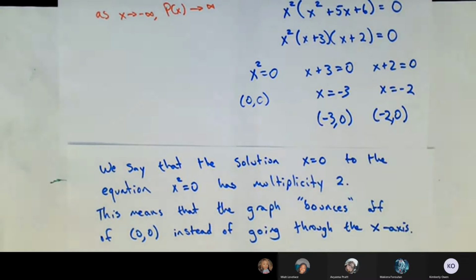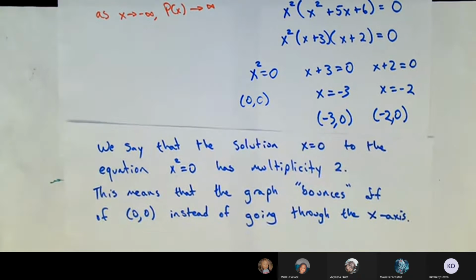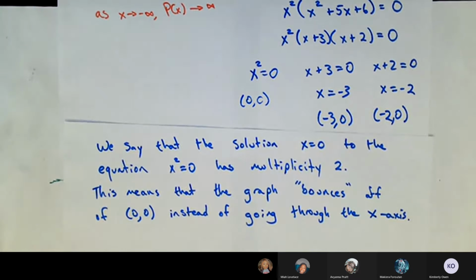All right. This is going to be the rule when multiplicity is even.